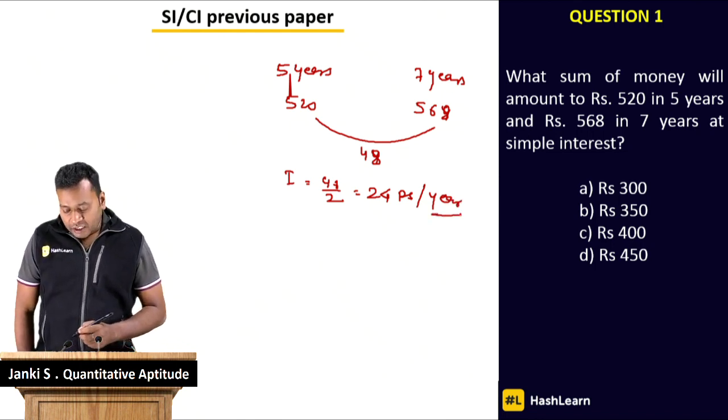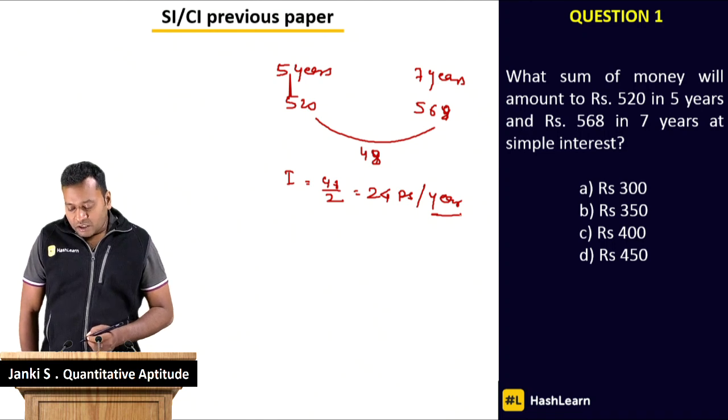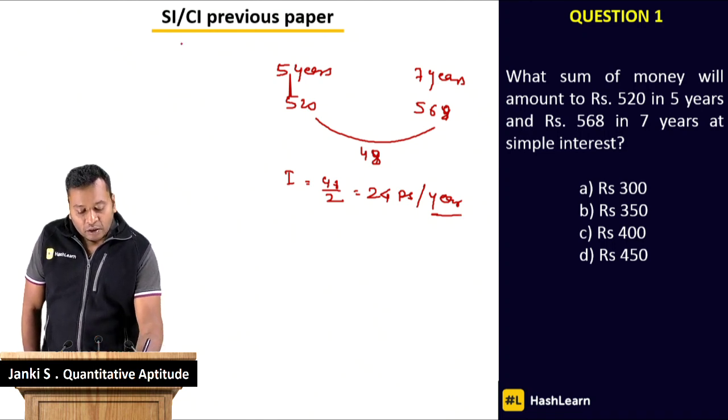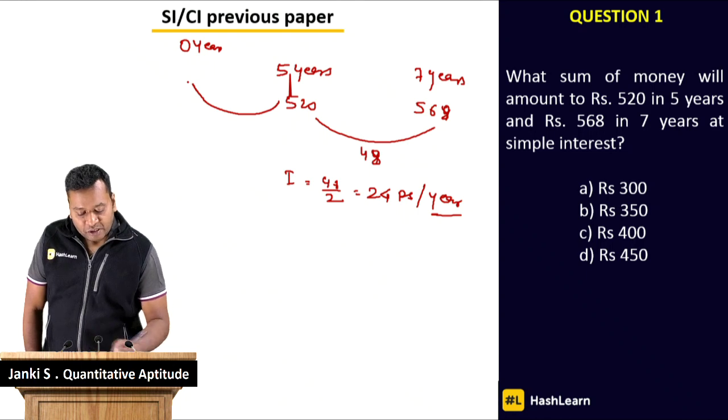So now your condition क्या है? What sum of the money? So now I'll move back to 0 years, right? So 0 years, that means the gap is 5 years here. Every year the interest is 24. In 5 years it will be nothing but 120.